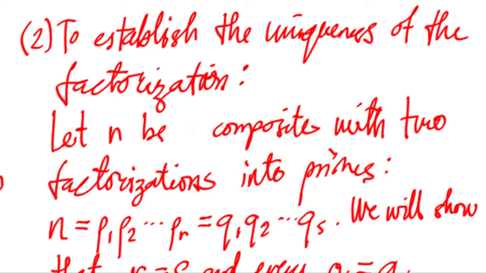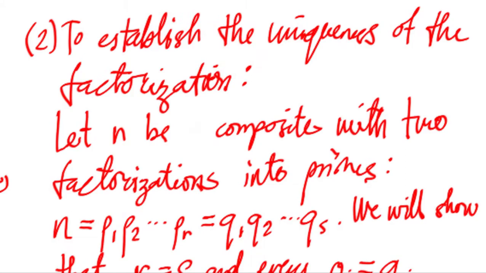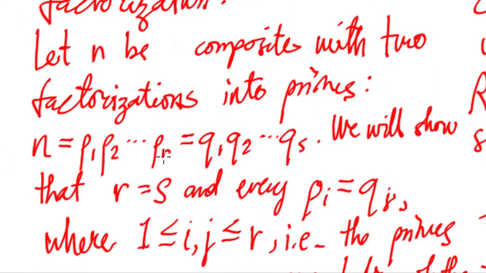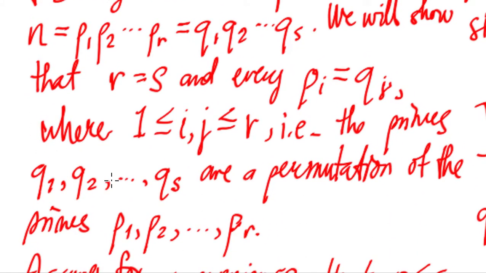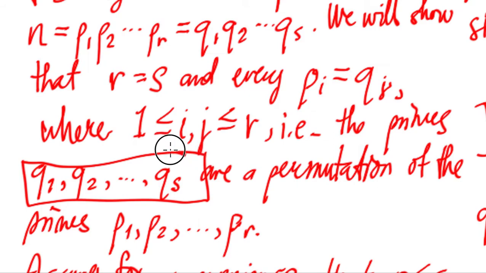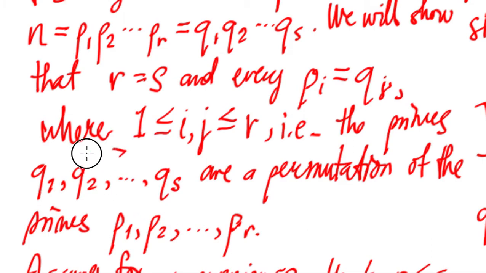So what we want to show is that r is just equal to s, and for every p sub i, it is equal to some q sub j. The primes q sub 1, q sub 2 up until q sub s are a permutation of the primes p sub 1, p sub 2 up until p sub r. So it's just another arrangement of these factors here.